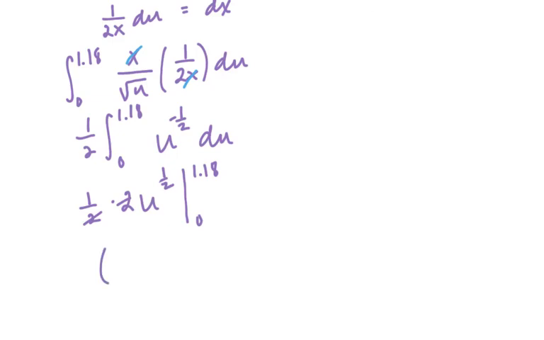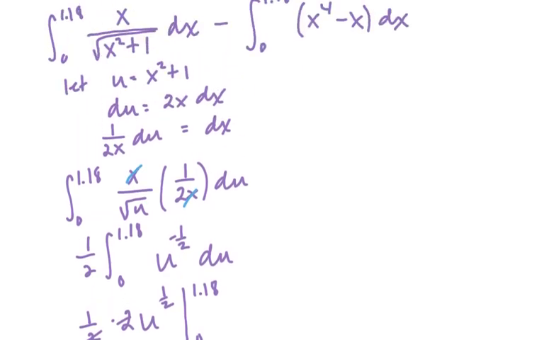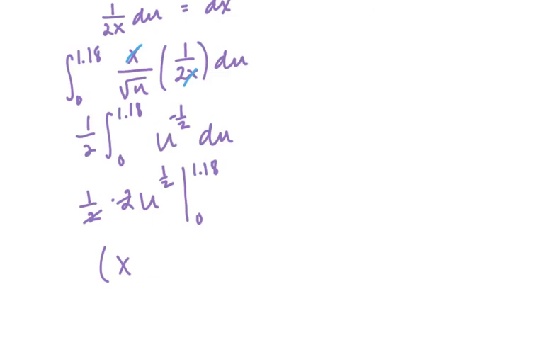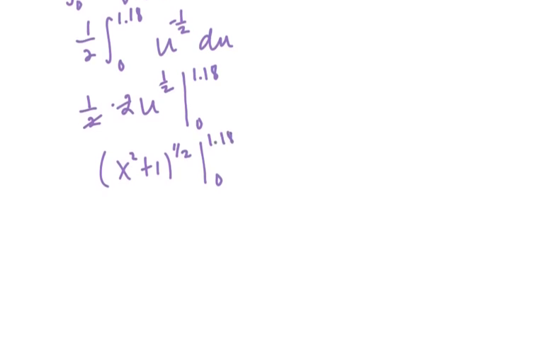So we have x squared plus 1 to the 1/2. Well, that means square root. Let's write it as the square root of x squared plus 1 from 0 to 1.18, because that makes more sense to most people. Now let's come back and do the other half of the problem.